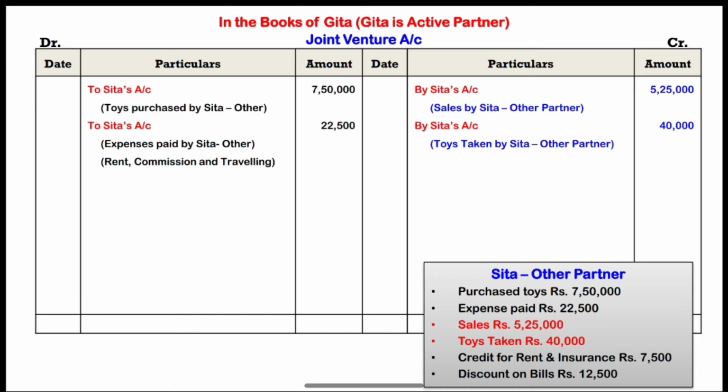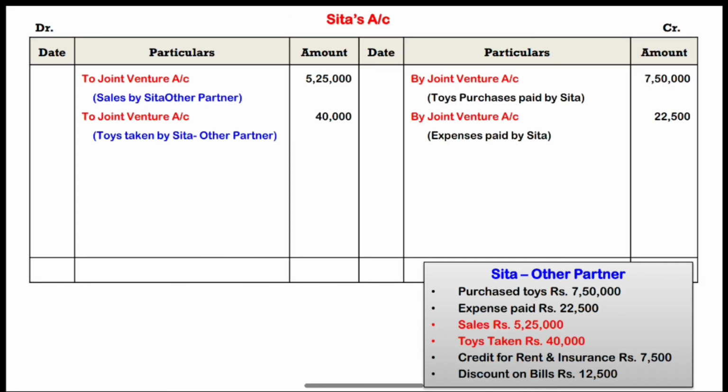Goods are going out of the business, is it sale or does the partner take it? Goods are going out of the business, so credit. So on the credit side of joint venture, by Sita's account sales, by Sita's account stock taken. And on the debit side of Sita's account, to joint venture account sales and to joint venture stock taken 5,25,000 and 40,000 respectively.